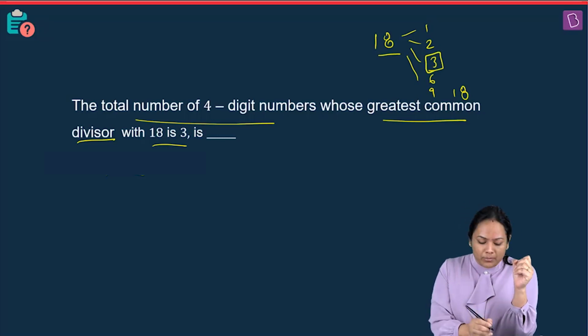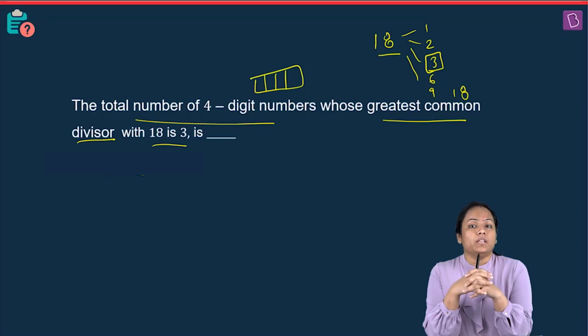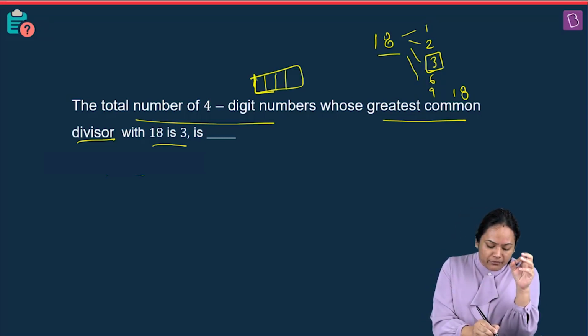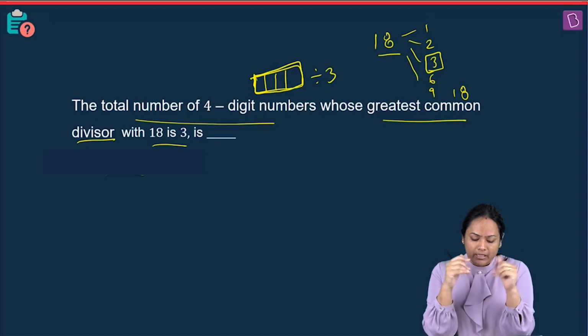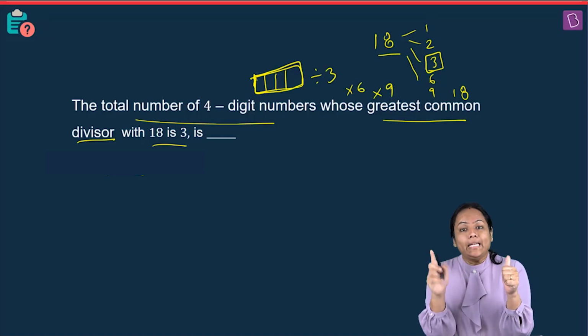And this has to be common with the 4-digit number which they have given to me. So that means my 4-digit number definitely should be divisible by 3. That is my first condition. And it cannot be divisible by 6 and cannot be divisible by 9.